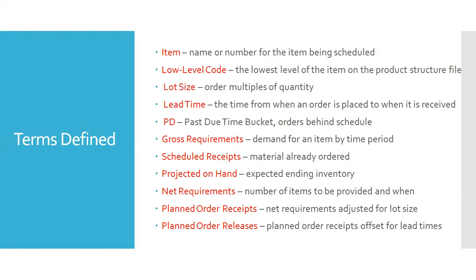Scheduled receipt is material already ordered. Projected on hand is the expected ending inventory. Net requirement is the number of items to be provided and when. Planned order receipts are net requirements adjusted for lot size, and planned order releases are planned order receipts offset for lead time.